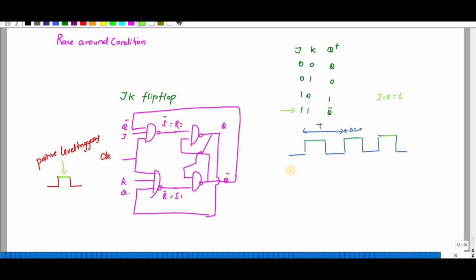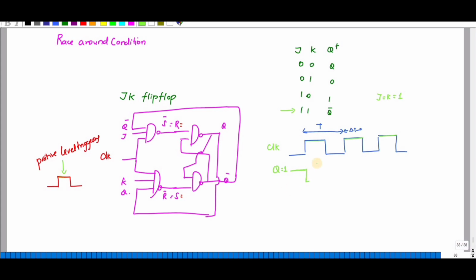The Q value gets the inverse value, so it goes to 0.